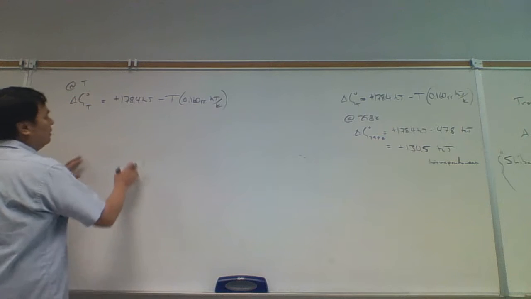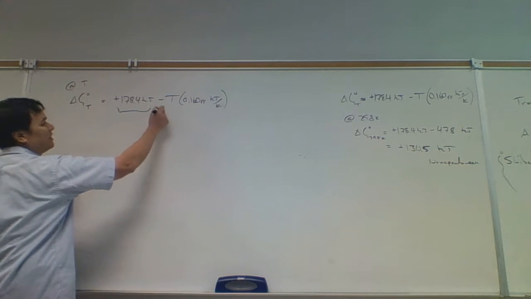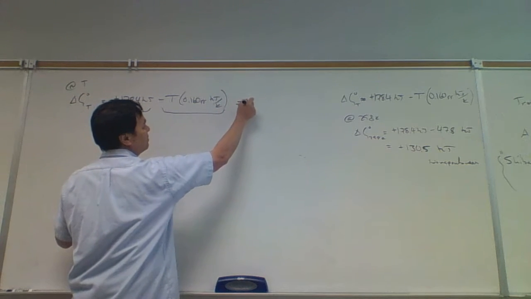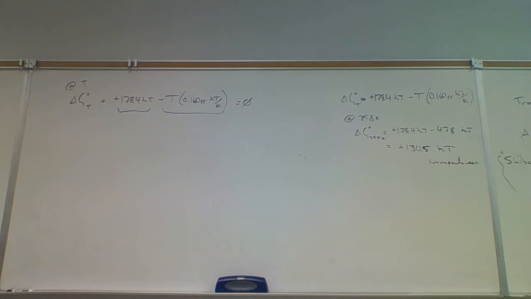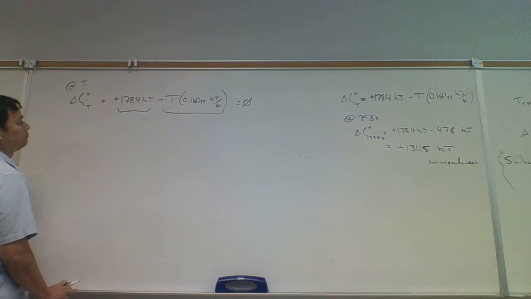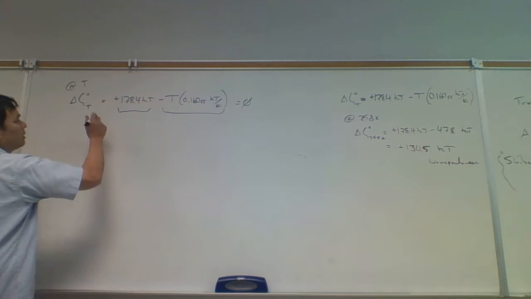And what we want to happen here is we want this one to cancel out this one so that it ends up equaling 0. That way, we convert this from being non-spontaneous to spontaneous, because we just have to push the temperature a little higher to get it negative.